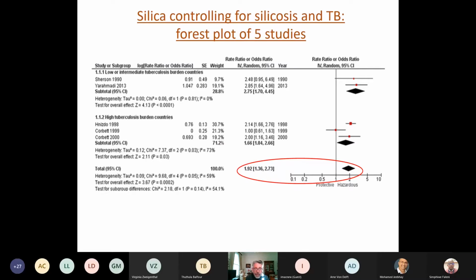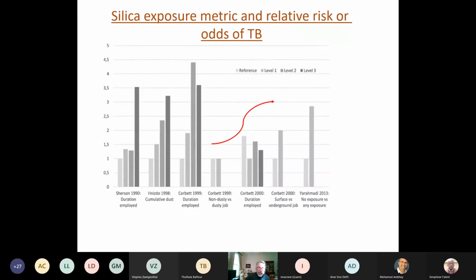Here the relative risk was somewhat lower, 1.92, around 2, and heterogeneity was about the same as the previous meta-analysis, around 59%. Nevertheless, even when we can remove the effect of silicosis, there was a reasonably consistent effect on tuberculosis incidence to the extent of doubling.